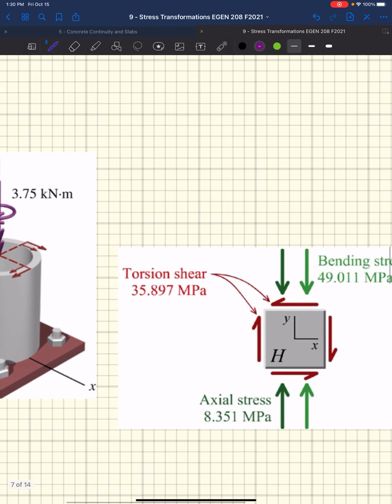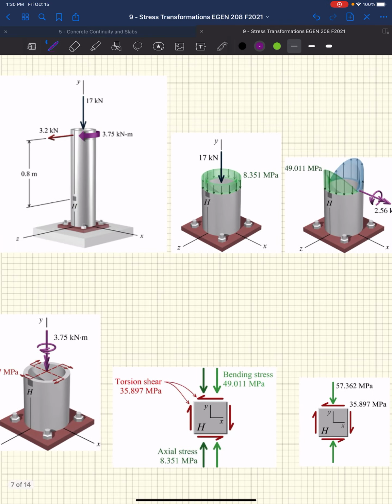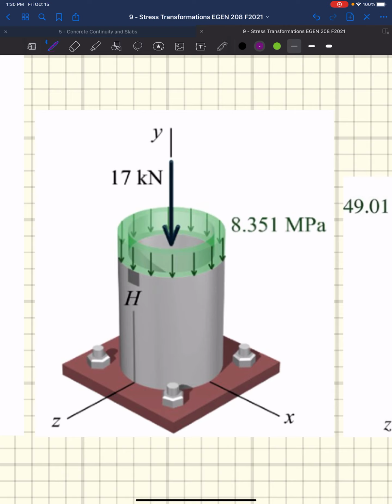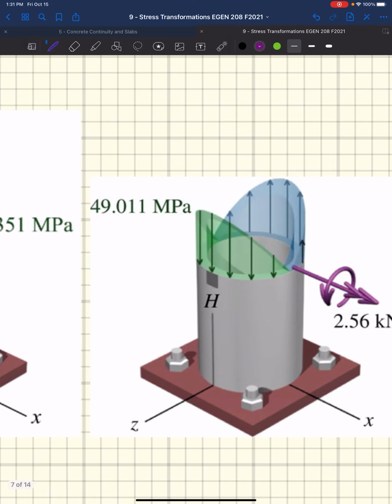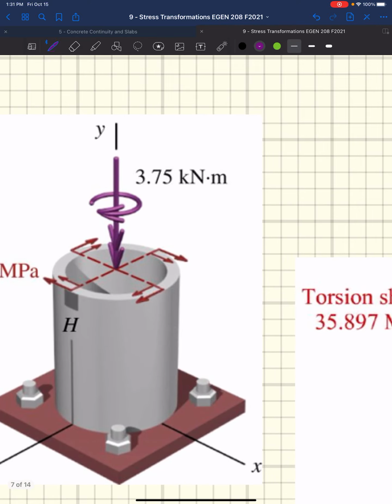Based on this, we can use the powerful method of superposition, where essentially we're breaking down all of these stresses into their individual components. So we've got a stress due to axial load, a stress due to bending, and a stress due to torsion, right?